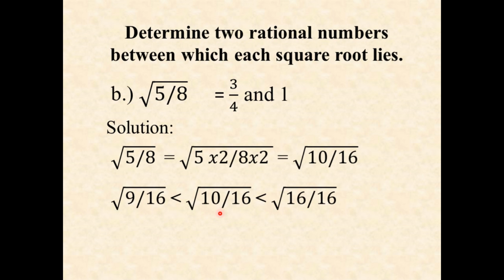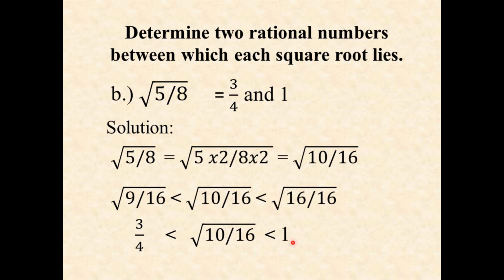Okay, now after doing this, we need to extract the square root of these two rational numbers. Alright? So, square root of 9 over 16 and square root of 16 over 16. The square root of 9 over 16 is 3/4 and the square root of 16 over 16 is 1, because 16 over 16 is 1, and the square root of 1 is 1.